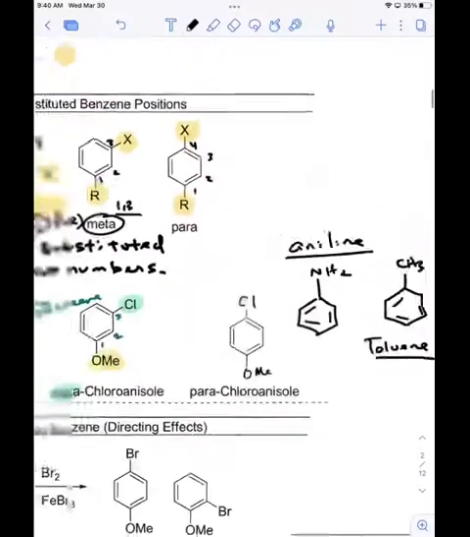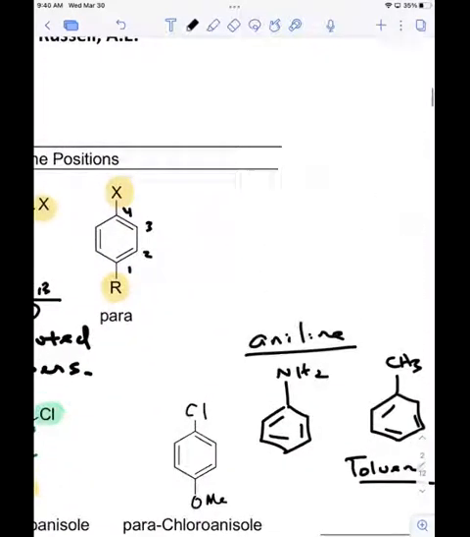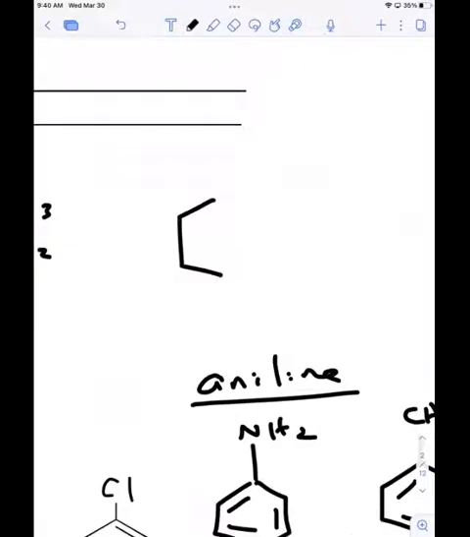All right. So what happens if I take aniline and put bromine there? How would you name that?